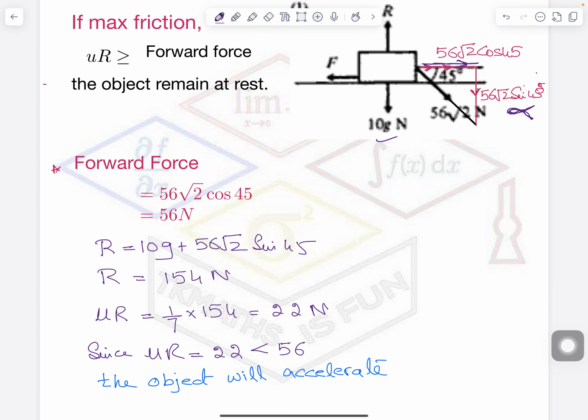Now this value of R you will plug in to calculate the maximum frictional force, and you got the answer 22 Newton, and your forward force was 56 Newton. So forward force is greater than mu R, so of course the object will accelerate, right?